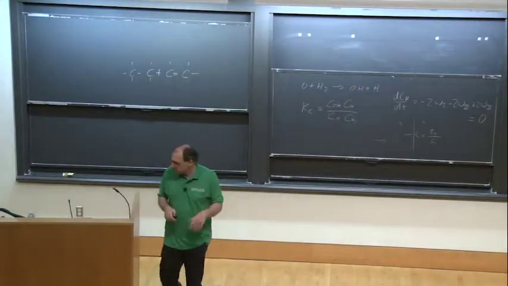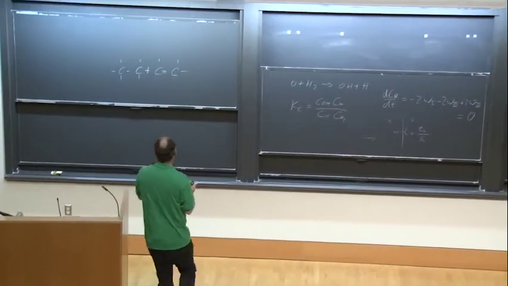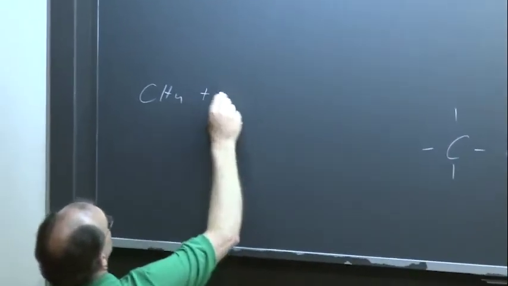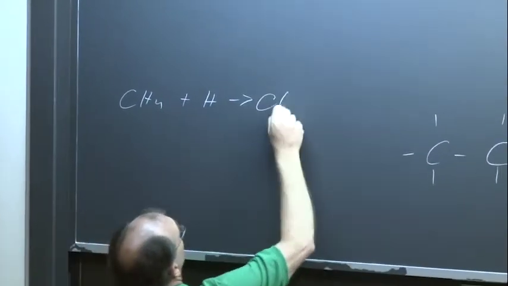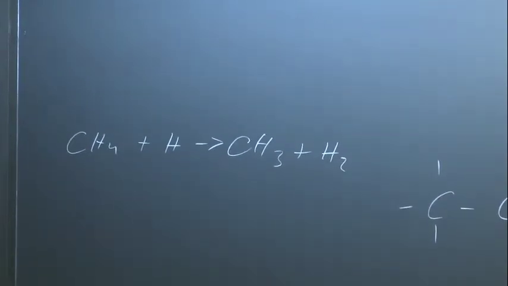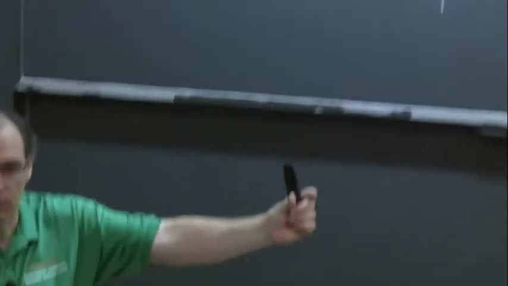So we said we have methane, CH4, plus H goes to methyl plus H2, okay? We said that's the first reaction that happens, okay? That has a certain time scale, which corresponds to a certain length.